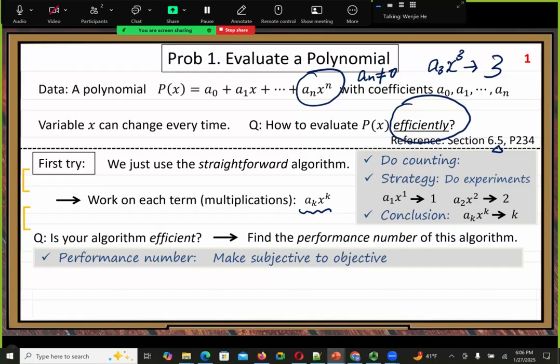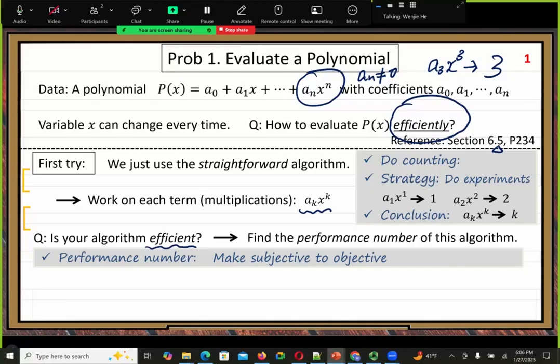Because there is another question. When we talk about efficiency, how do you measure efficiency? Can you use a number to measure efficiency?